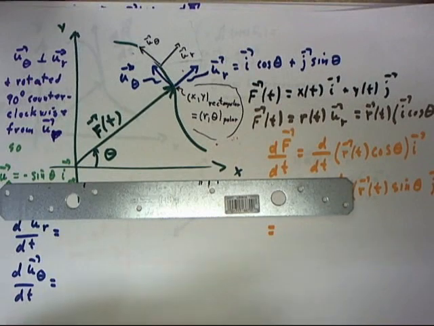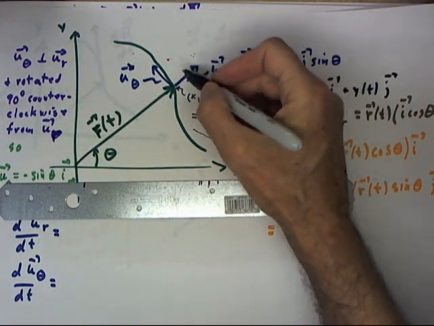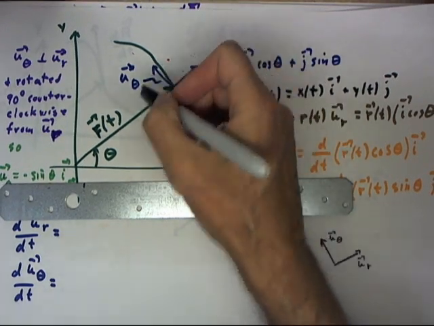And hopefully that'll be a useful image for you. So what I've depicted here is just a typical u r and a typical u theta.